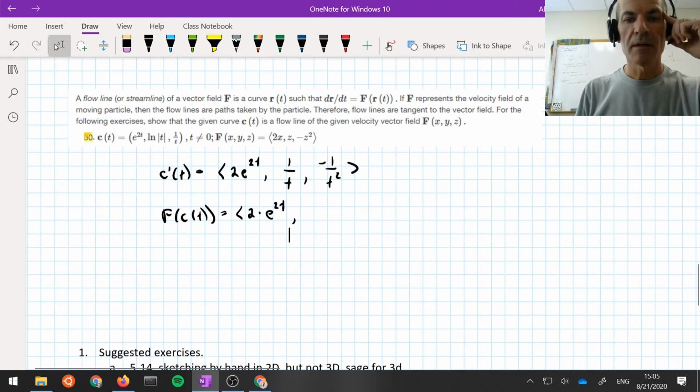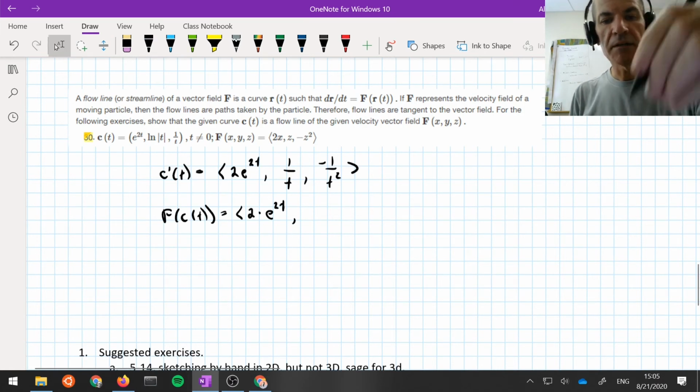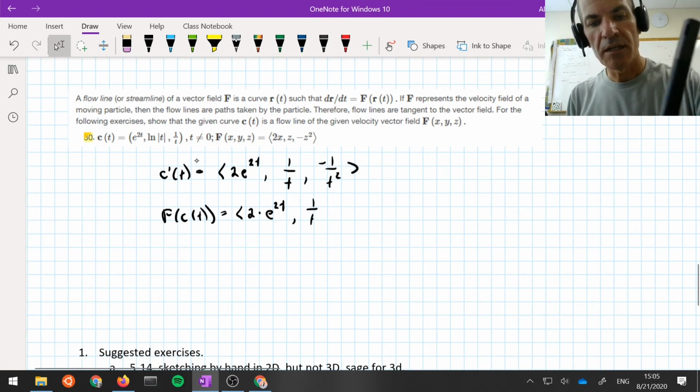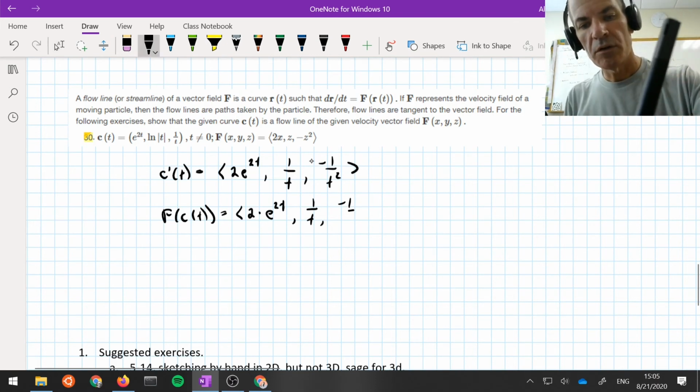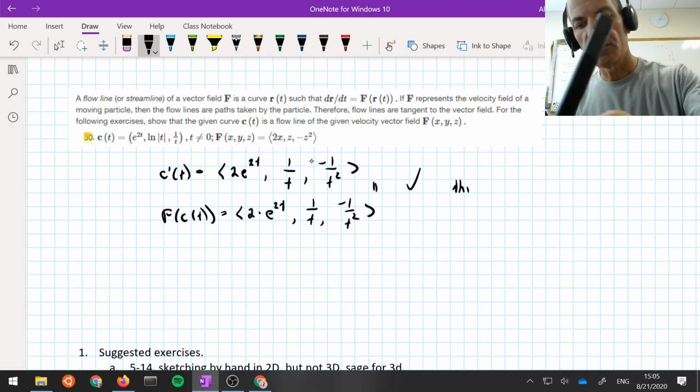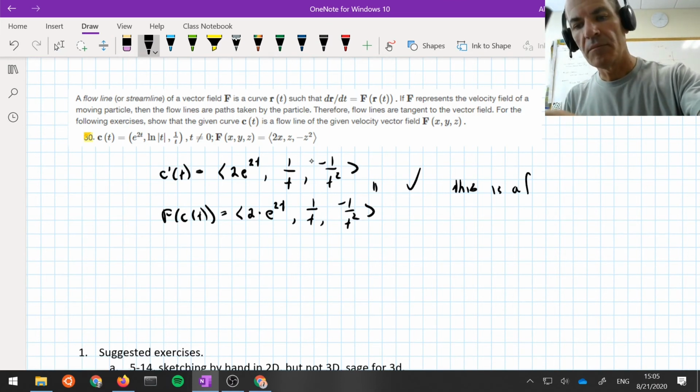Cool. z: take the z component and plug it in here. That's 1 over t. And finally, negative z squared. Take this and plug it in for z. Negative 1 over t squared. And they're equal, so check. This is a flow line.